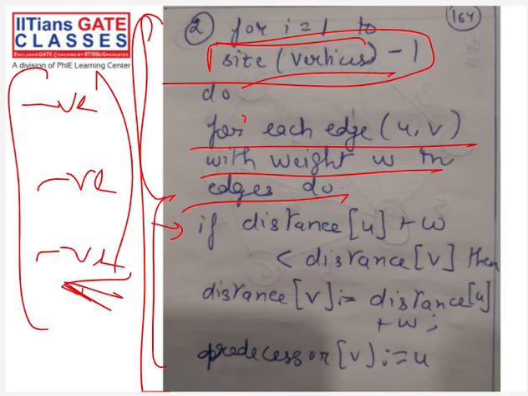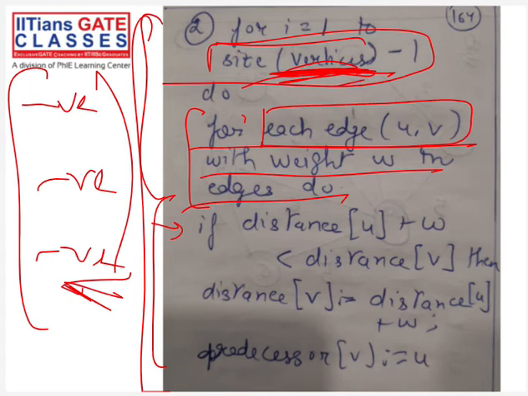Now see the difference over here is you're actually running it on all vertices. If there are 10 vertices, you're doing it 10 into the number of edges which are there. So this is not for each edge in a particular vertex.